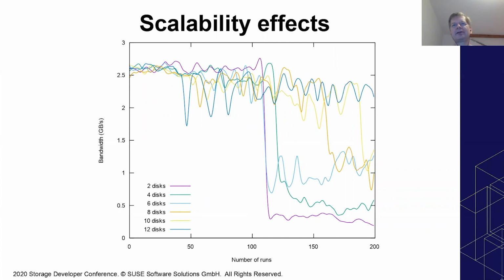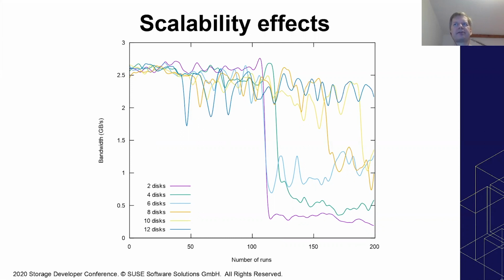And here is a slide where I combined the previous outputs to get a better understanding of the scalability effects of this setup. As we see, the more disks we use, the more the cutoff is being moved out, i.e. the cache zone usage is becoming more efficient as we're having more time or more rounds during which we have free zones.